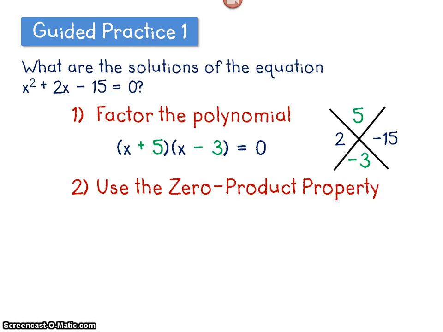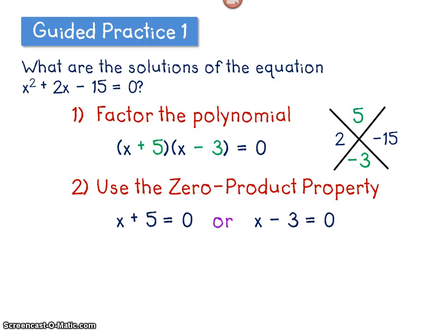Just to review, the zero product property says that if the product of 2 factors is equal to 0, then either the first factor is 0 or the second factor is 0. So let's begin with the first factor, x plus 5. It's either this factor is 0, or the second factor, x minus 3, is 0. Now we have 2 single-step equations to solve.